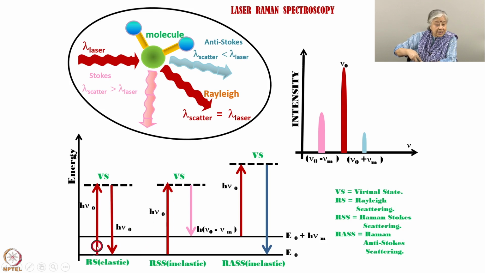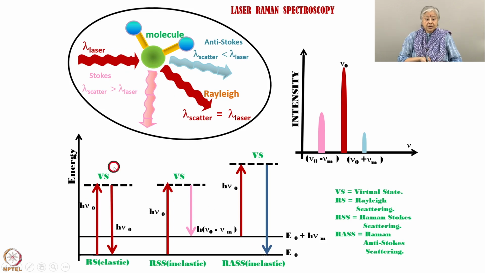So, if it were a green laser in the same molecule, that would have gone up to a different virtual state and come back to either this level or this level or this level. These two levels have remained constant. So, the energy difference nu 0 minus nu m will remain constant. So, this gives the signature of the molecule. The molecule has remained the same. What you have done is just change the incident wavelength.